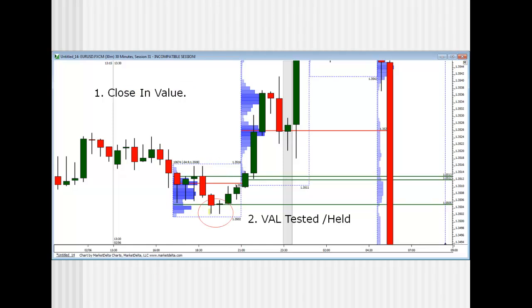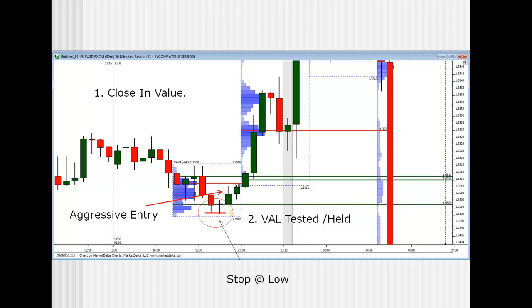Also, in addition to the close here above value and the next close in value and the next close right above value, we had the value low tested twice here and it held. So there is a good level of confidence that the pattern that I see is a nice positive pattern to the upside. That would give me more confidence in taking the aggressive entry in the market. You have to look at the full dynamics of what's going on.